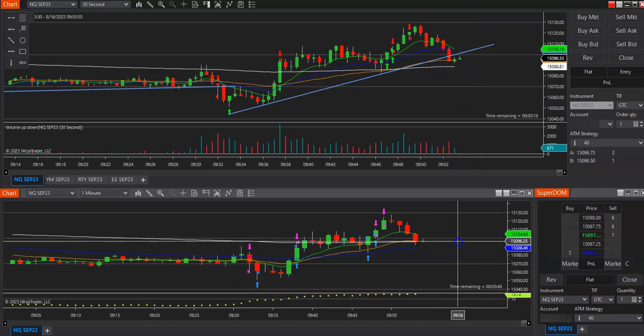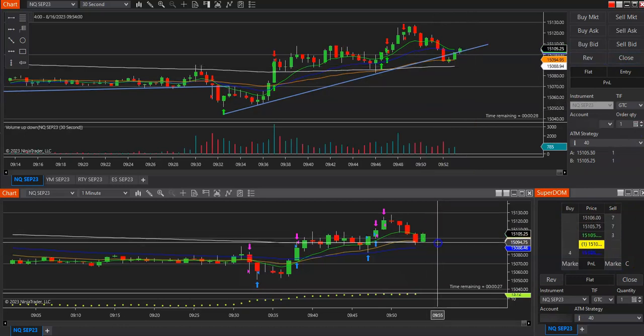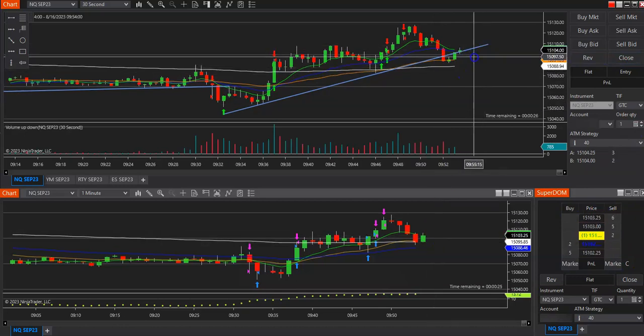If it gets rejection, then it could be a quick short setting up for a quick scalp to the downside and even more. But the volume weighted average, the VWAP, is at 89, 15,089. So we have a lot of support around this area, so that's why you're seeing this little bounce right here.